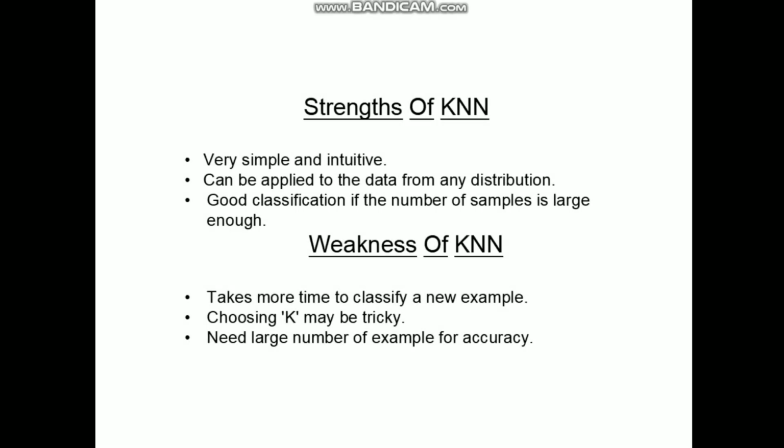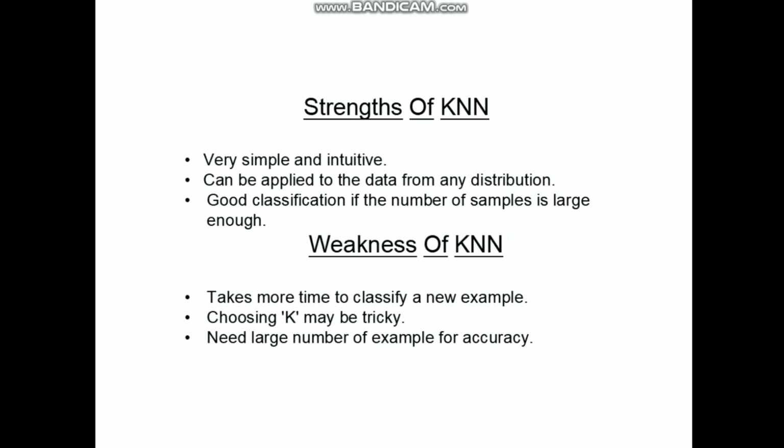After the proper calculation, let's see some strengths and weaknesses of the nearest neighbor. As it is very simple, it can be applied to data from any distribution. It classifies well if the number of samples is large enough. The weakness of KNN is that it takes more time to classify a new example.